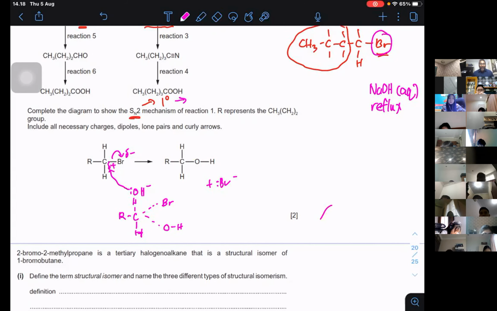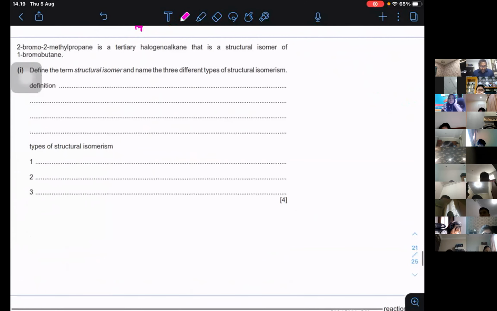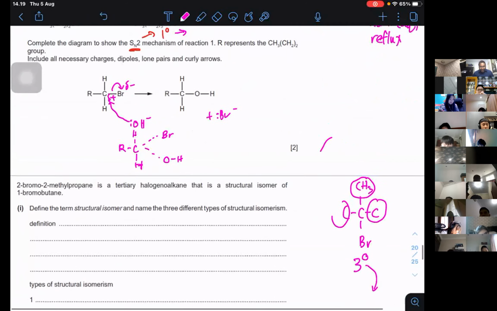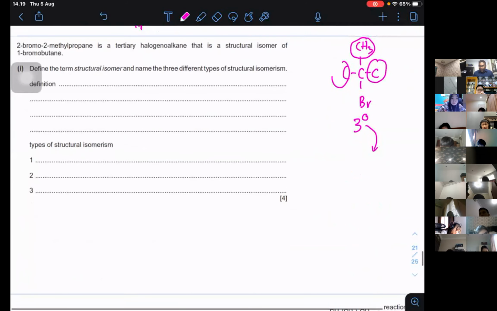Next, 2-bromo-2-methylpropane. So CH3, 2-bromo. You can see that they have 3 R groups, so it's tertiary now. If you have a tertiary halogenoalkane, just now it was SN2, but tertiary will always follow the SN1 mechanism.